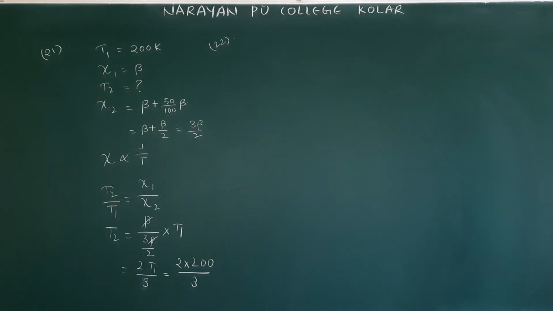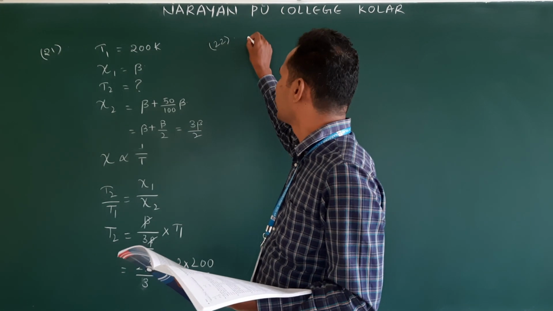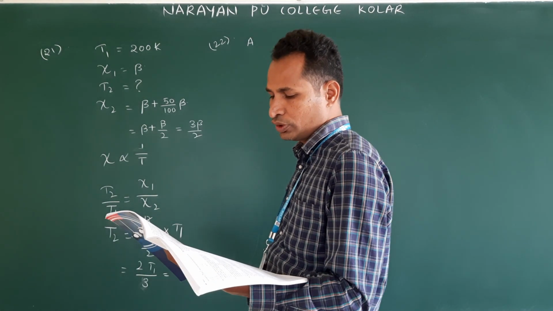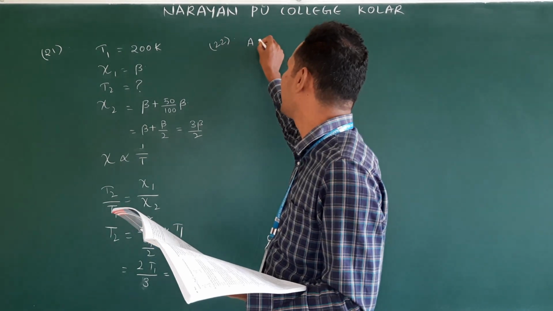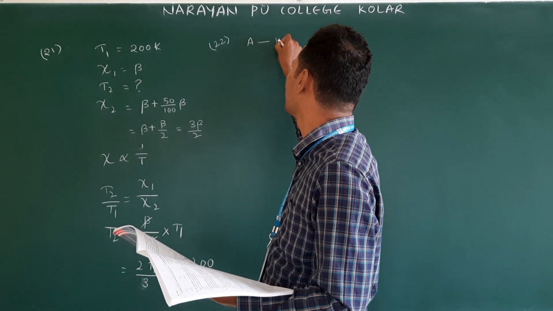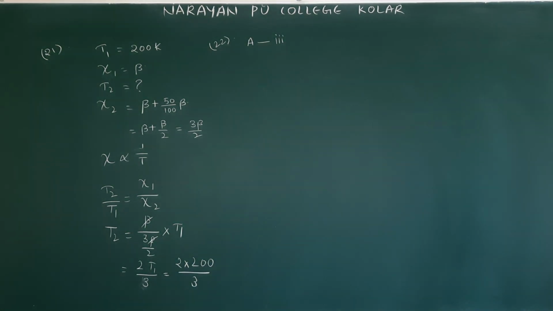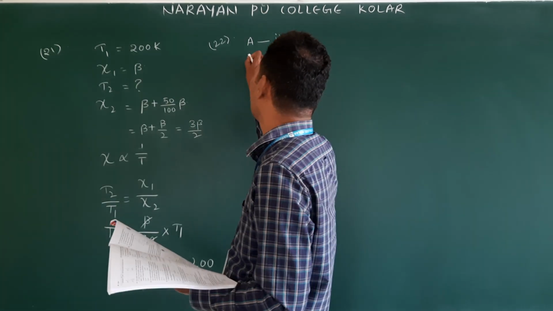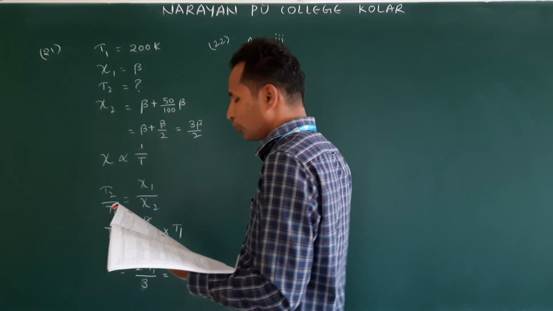Question 22, match the following. Intensity of magnetization, A. What is the formula? Magnetic moment per unit volume, so that is M by V. That is 3 in the second column. Next, magnetic susceptibility, that is M by H. This is fourth.